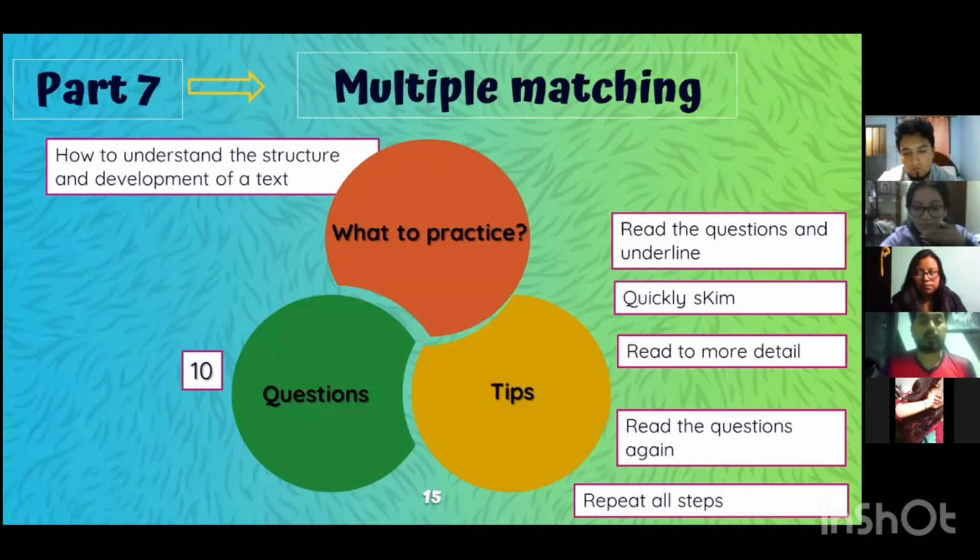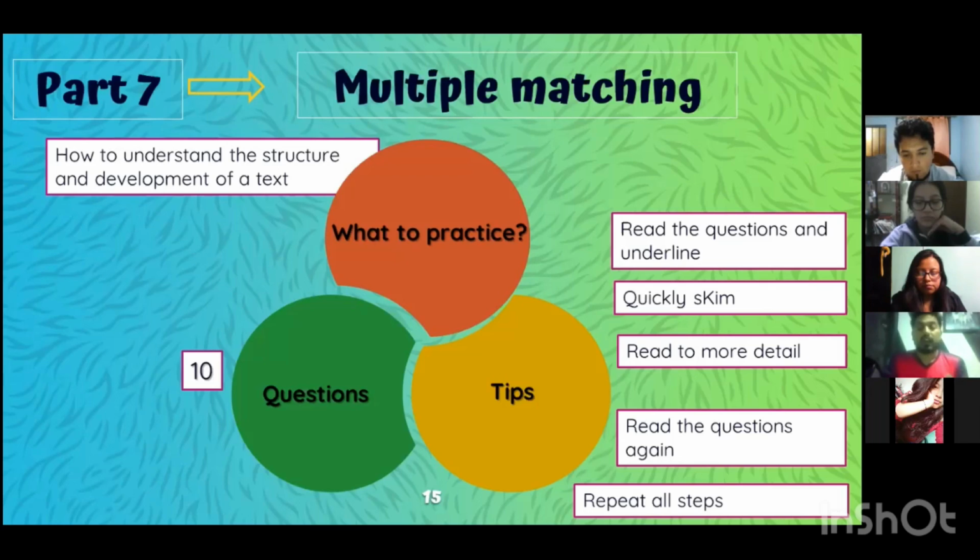Then we have part 7, multiple matching. It focuses on how to understand the structure and development of a text. Here we have 10 questions, and the tips and techniques are the following. Read the questions and underline the most important words.